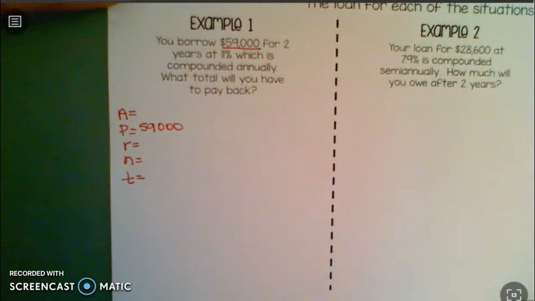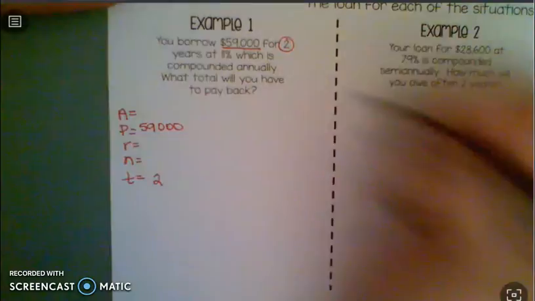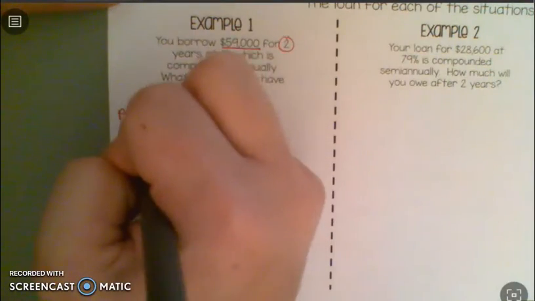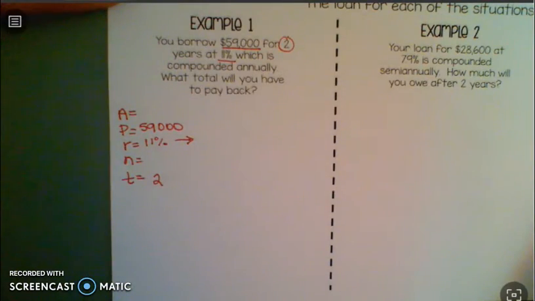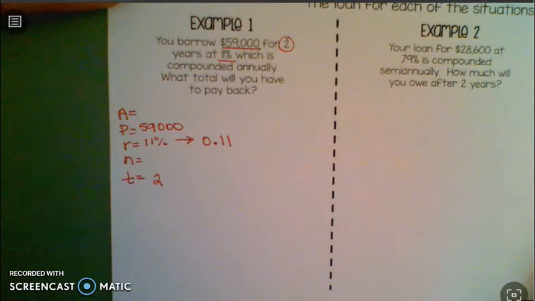So that's your P. We then say for 2 years. So the 2 years, that's time. It says at 11%, so 11 is our rate. But remember, every time you have a percent, you have to change it to a decimal. So that's 0.11. You can take the 11 and divide by 100, and it'll give you 0.11.